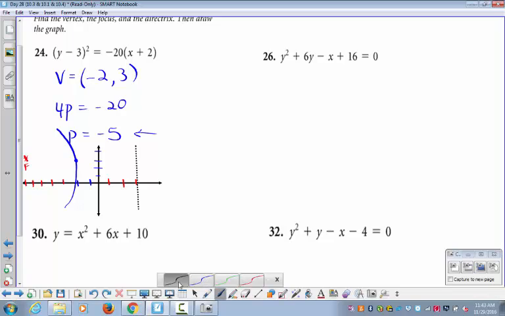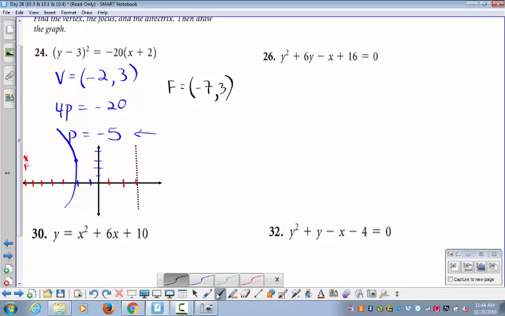All right, what it did ask us for: coordinates of the focus. What would the coordinates of the focus be? Negative 8, 3? No. Negative 7. We're going to go 5 units to the left of negative 2, so negative 2 and then 5 more, so negative 7.